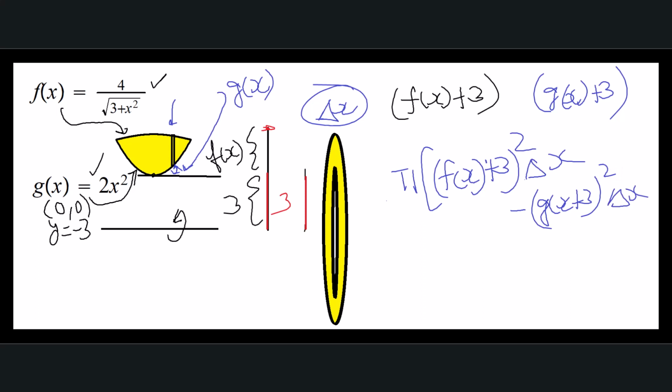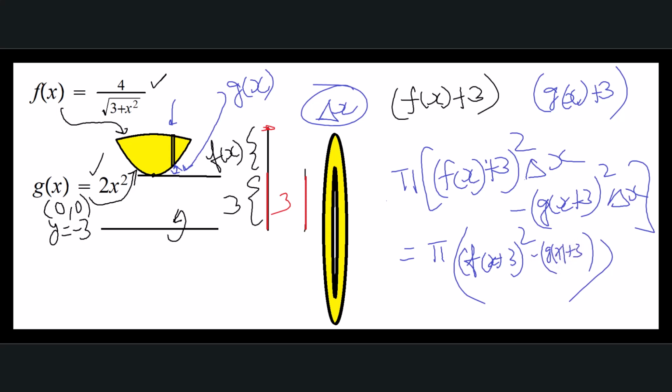And then you can write this element as pi times (f(x) plus 3) squared minus (g(x) plus 3) squared delta x. And when you put them all together and take the Riemann sum, then you just get a definite integral to evaluate.